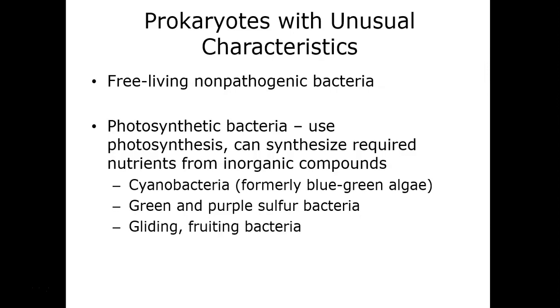That's a key difference. They do not generate oxygen as a byproduct, and they use a chemical compound called hydrogen sulfide as their source of electrons. And then we also have the gliding or fruiting bacteria, which are also able to undergo photosynthesis as well.